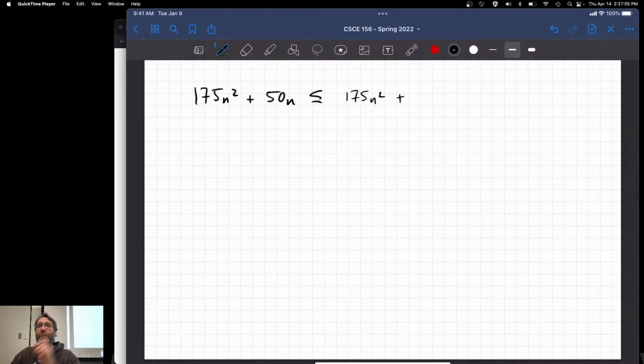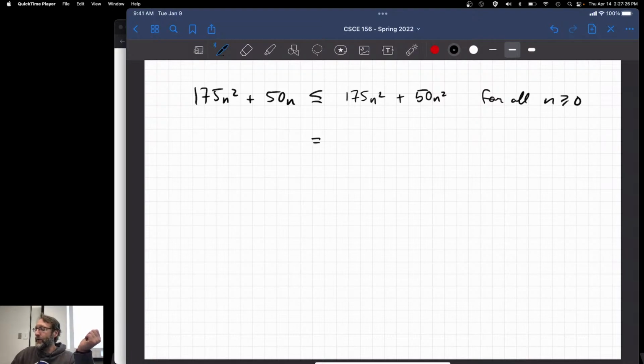Okay, multiply the second one by n, giving me 50n squared. That's true for all n greater than or equal to 0. Now, if n were negative and I multiplied by a negative, I wouldn't necessarily be in the same boat, but that's okay in this case.